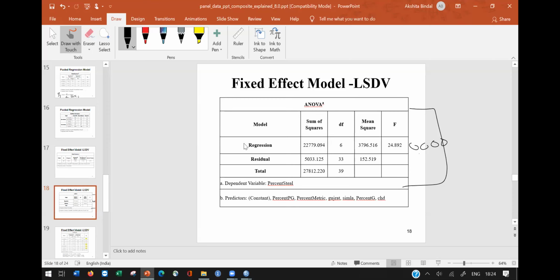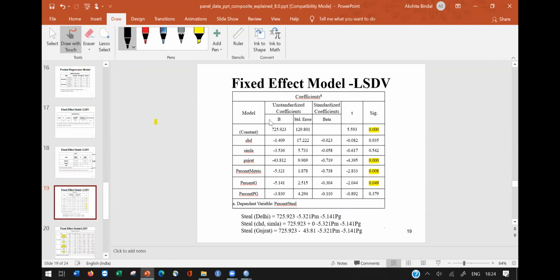Coming on to the next slide. I'll see the unstandardized and the standardized coefficient and check the significance level. So for Delhi, I'll take the constant value 725.923 minus my PM, which is 5.321.